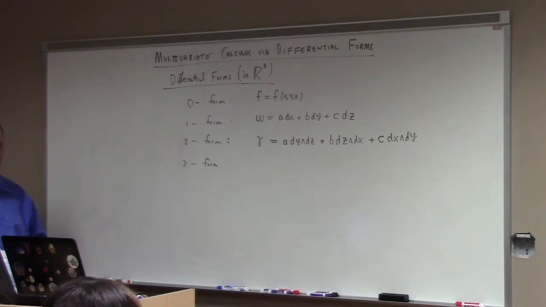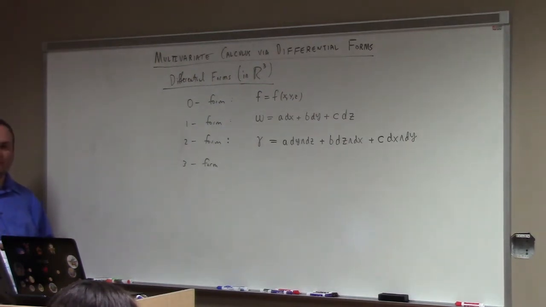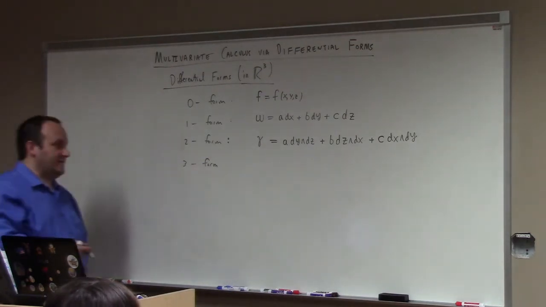Now this wedge, I guess it's kind of like, you're not in Kansas anymore. That's something new. It doesn't go away. It's not like you take dx wedge dy and you get dz. That's not how it works. It's a new thing. It's a 2 form. These are different objects.